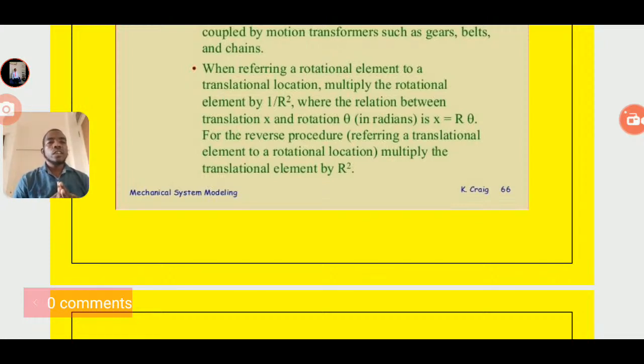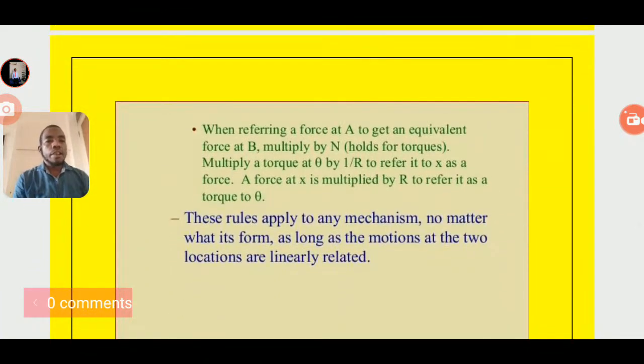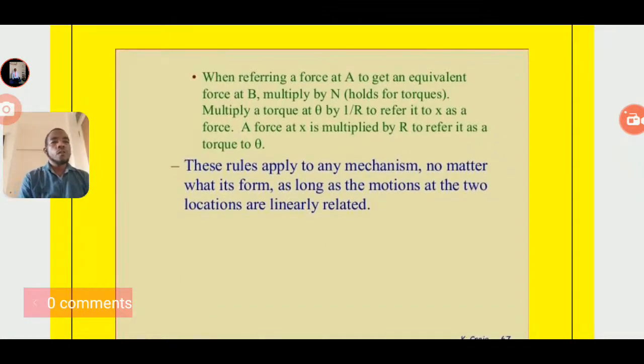For the reverse procedure, that means referring the translational element to a rotational location, we multiply the translational element by r square. When referring a force A to get an equivalent force B, multiply by n; that also holds for torques. That means multiply a torque at theta by 1 by r to refer it to x as a force. A force at x is multiplied by r to refer it as a torque at theta.